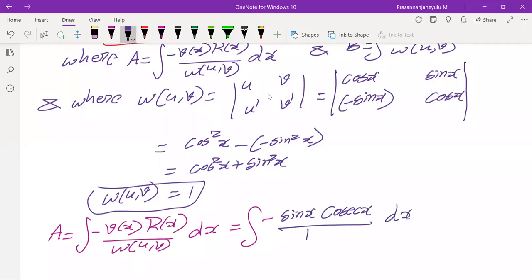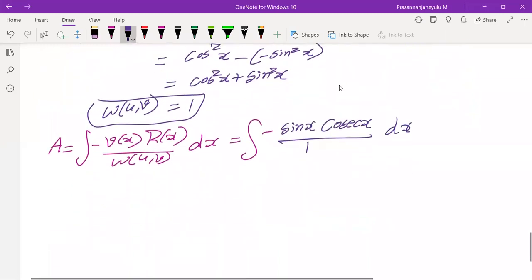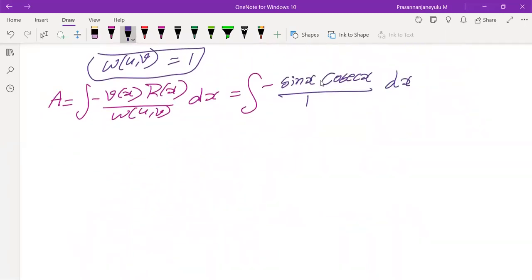Already you learned in intermediate trigonometry that sin x into cosecant x is equal to 1, because cosecant x is 1 by sin x. The 1 by sin x into sin x cancels, so we get minus 1 into integration of dx. The integration of dx is x, so finally we get A as minus x.